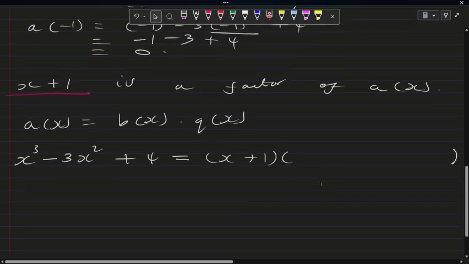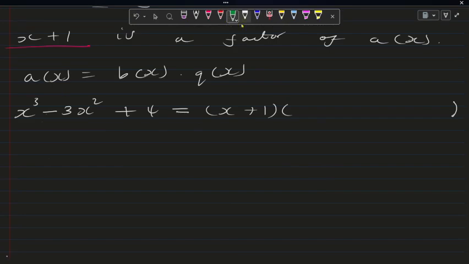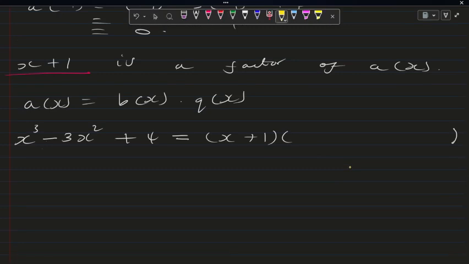I will first use the long division method, and then the shortcut method, and you will decide for yourselves which one is more convenient.